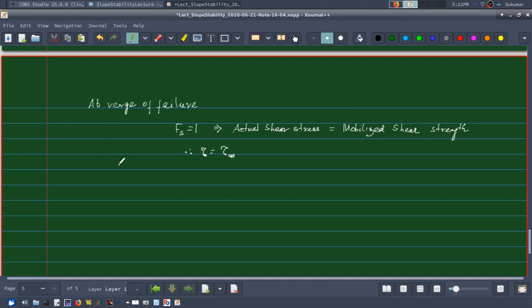So therefore I'll be able to write, gamma h sin beta cos beta will be equal to what? Tau m. Tau m is c dash m plus sigma dash into tan phi dash m.